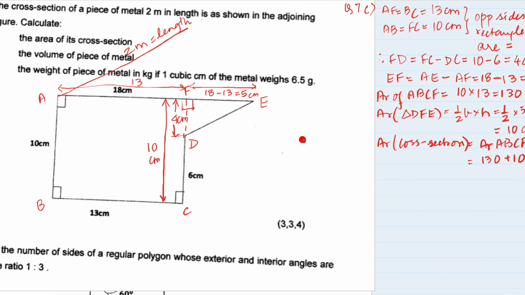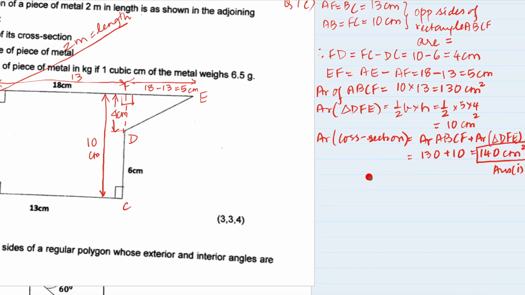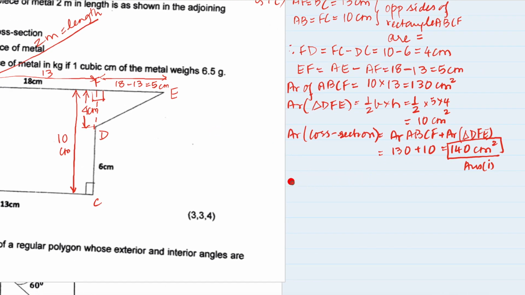They are asking us to find the volume of the metal. So the second part, the volume of metal, will be area of cross section multiplied by the length. Area of cross section is 140 centimeter square multiplied by the length.